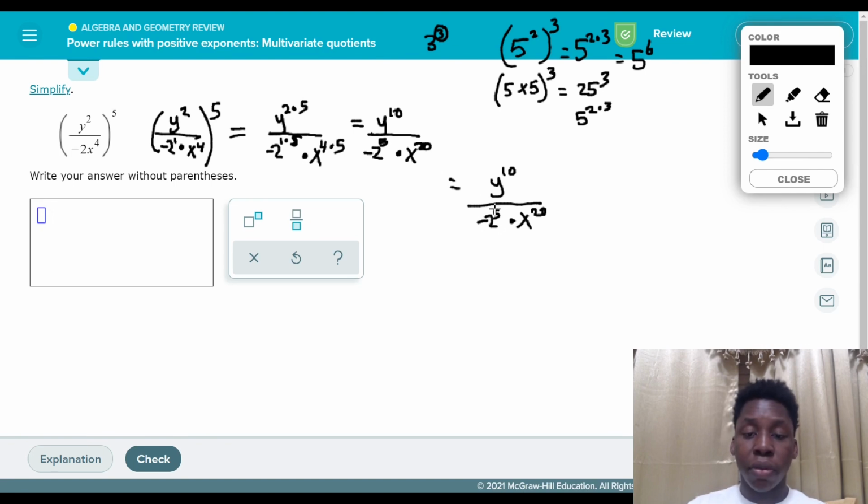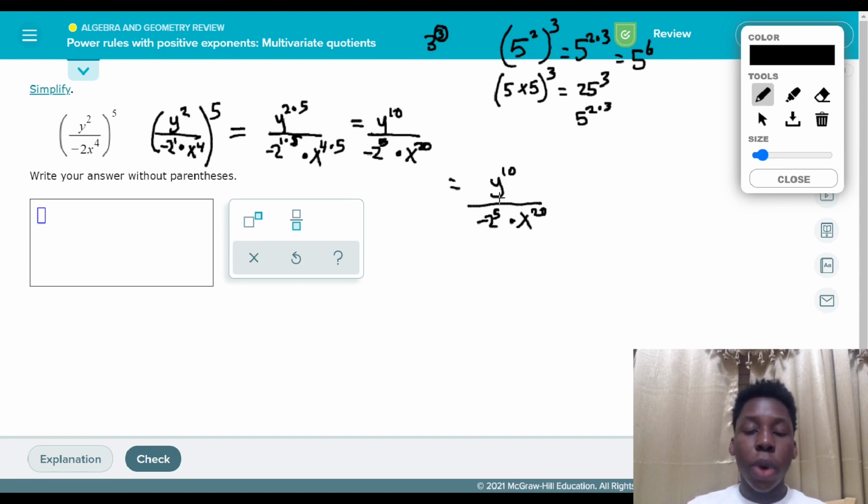Now for us to simplify this, we're basically in the process of simplifying, right? We've simplified y, we've simplified x also, because we don't know what y and x are, so we can't work on their exponents. But we know minus 2 is an actual number, and we can find the fifth exponent of minus 2. What minus 2 raised to the power 5 means is we're going to have to multiply minus 2 5 times.